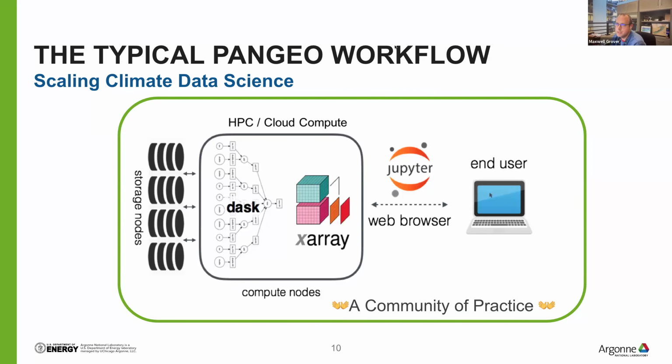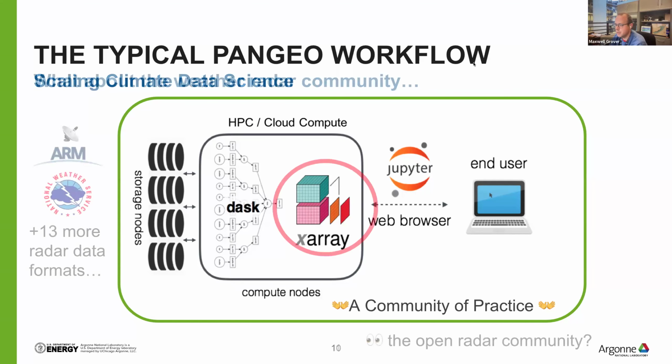So like I mentioned before, the typical Pangeo workflow, you have some sort of data, whether that's in the cloud or on some HPC system or on your local machine. You get things into Xarray, you use Dask or whatever your distributed scheduler of choice is. You have your Jupyter notebook or your JupyterHub or BinderHub or whatever you want to use, and then you have your end user. So then there's a nice community of practice, which again, all of us are very familiar with.